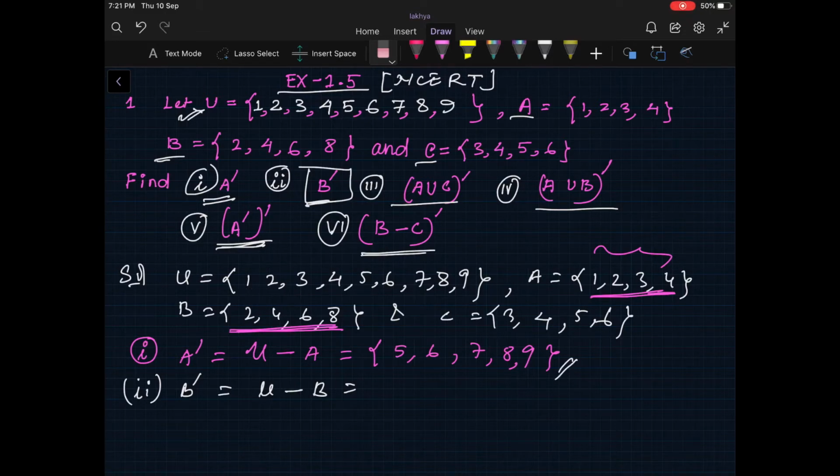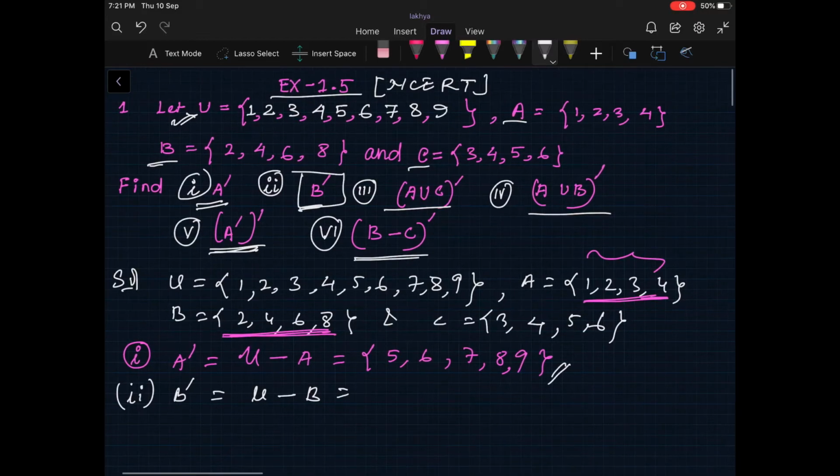So what are the elements in the universal set which are the elements of set B? Those are 2, 4, 6 and 8. Okay, so let's eliminate those elements from the universal set, and doing so we will get 1, 3, 5, 7, 9.